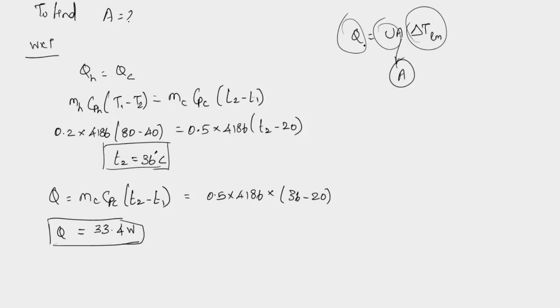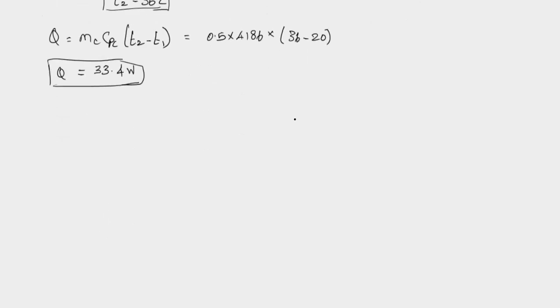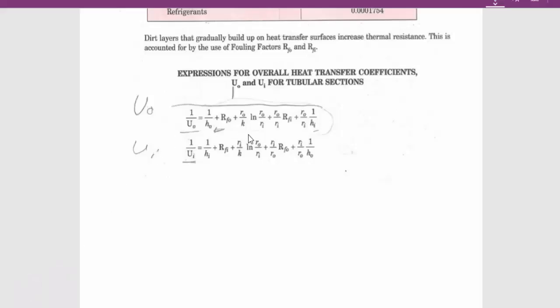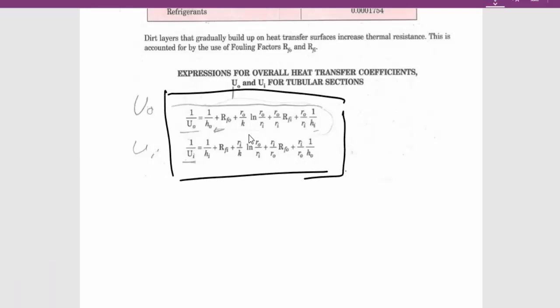Now you have to find the U value, that is, the overall heat transfer coefficient. In the problem the individual heat transfer coefficients are given. To find the overall heat transfer coefficient, you have to write this formula from the data book. While writing this formula, only h naught and hi values are given.